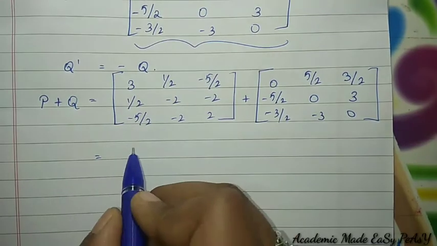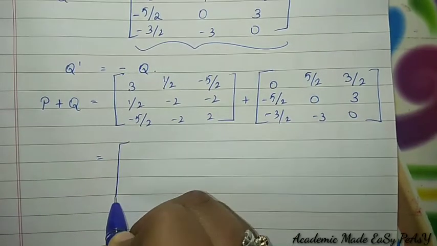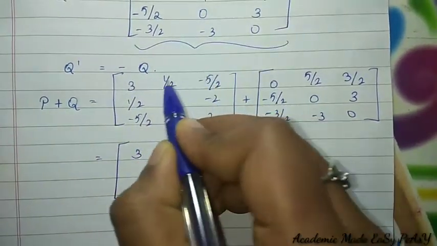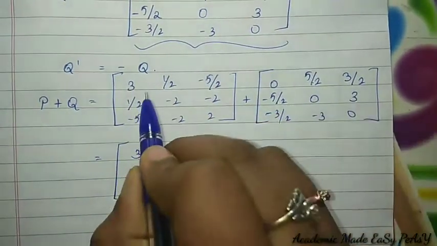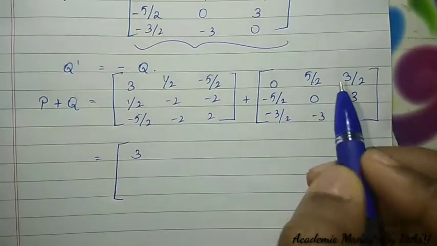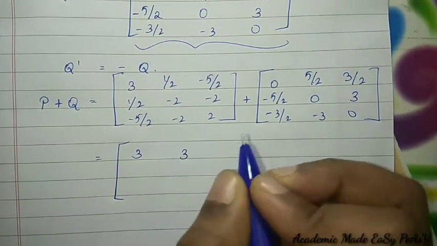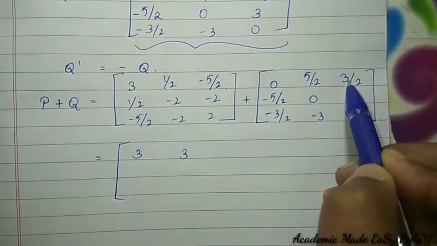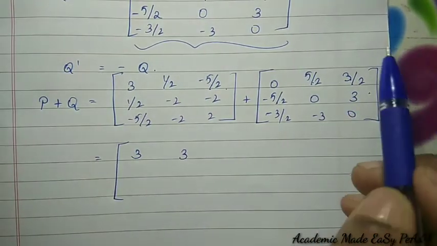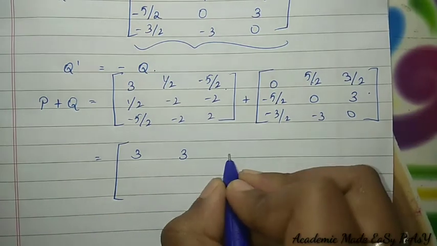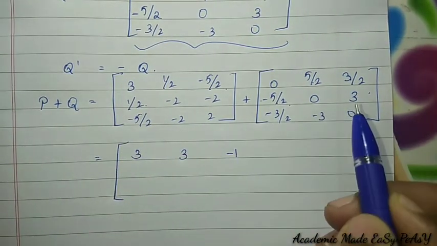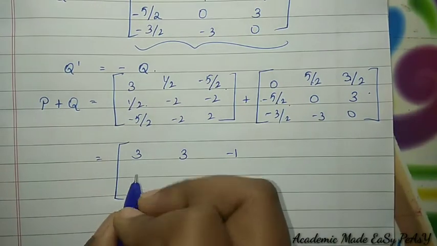So I will have 3, half plus 5 by 2, 1 plus 5 divided by 2 is 6 by 2, which is 3 again. And here minus 5 by 2 plus 3 by 2, that is minus 2 by 2, which is minus 1. So 1 by 2 minus 5 by 2, which is minus 4 by 2, so minus 2.